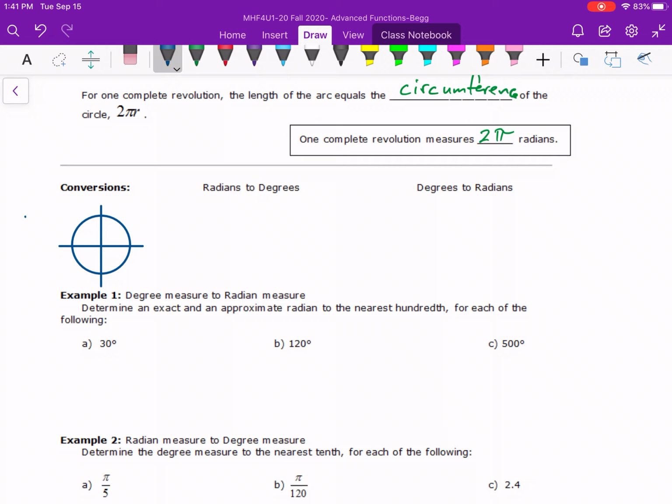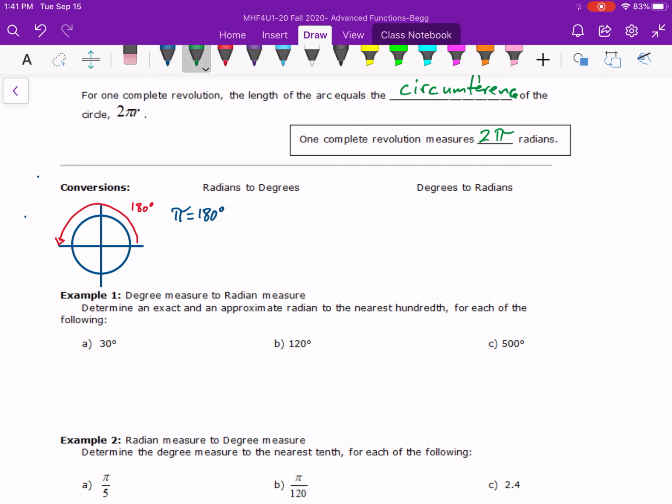If I were to go halfway around a circle, then that's 180 degrees, and that's actually equal to pi radians. So pi radians equals 180 degrees.